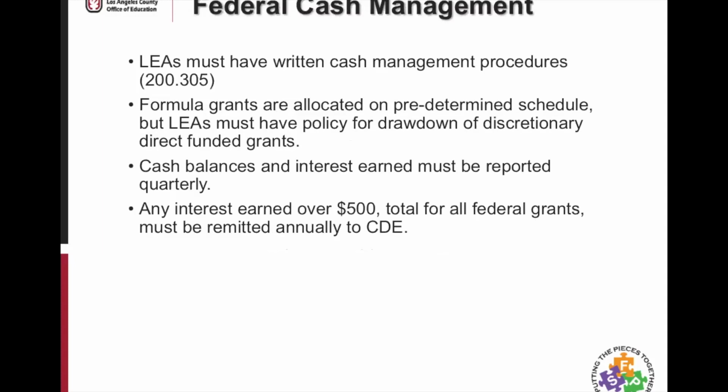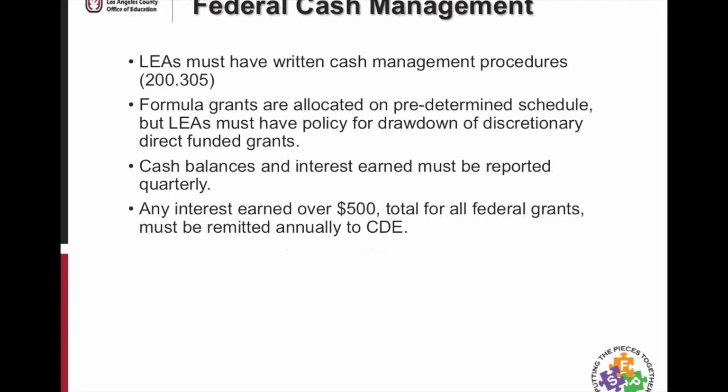Let's just take a look at federal cash management. It requires you to have cash management procedures. Formula grants, again, are allocated on a predetermined schedule, but you may have your own policy for drawdowns of discretionary grants.